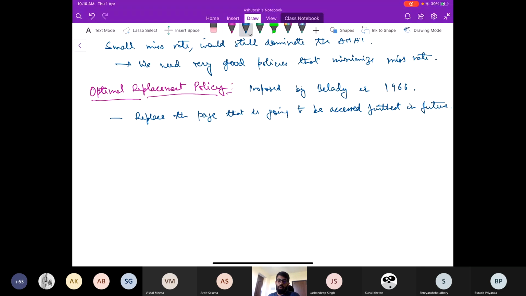Okay, so this is what the policy says: look at the current pages, look at the future, and see which page is going to be accessed the last among these, and you replace that page, right? So this will result in the fewest possible cache misses.